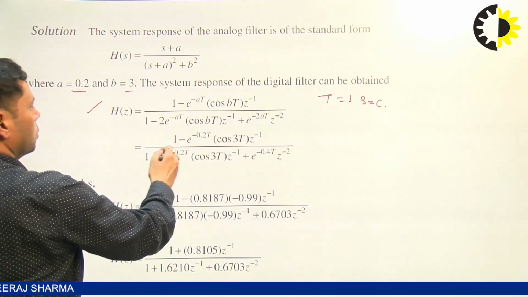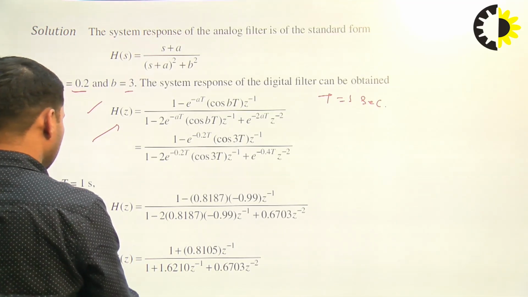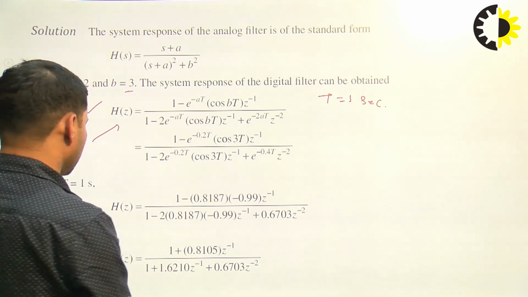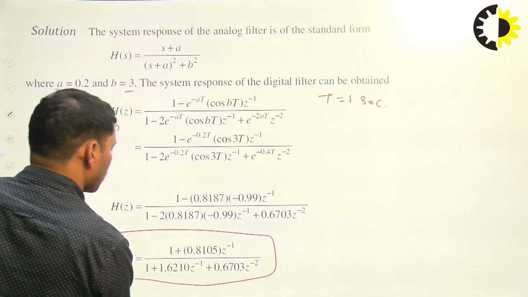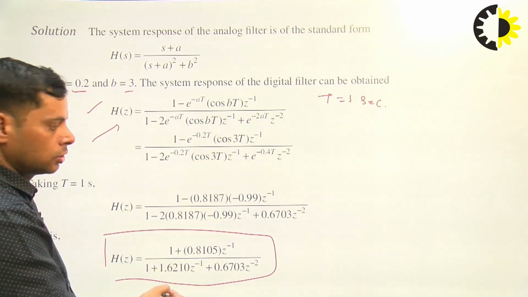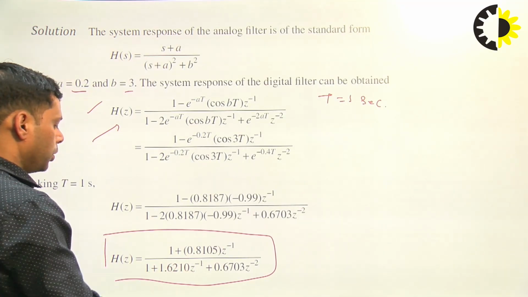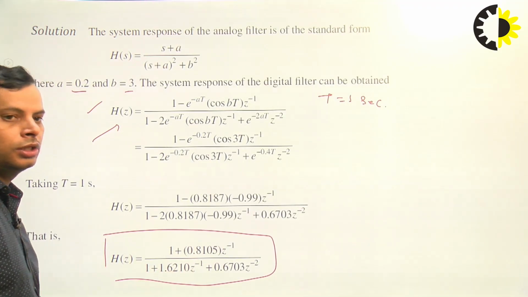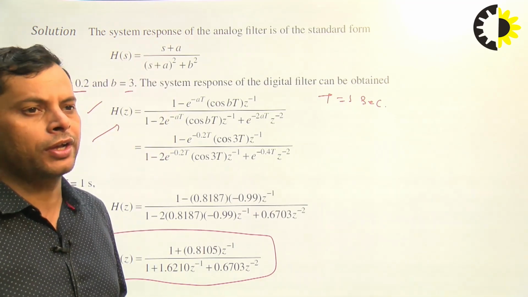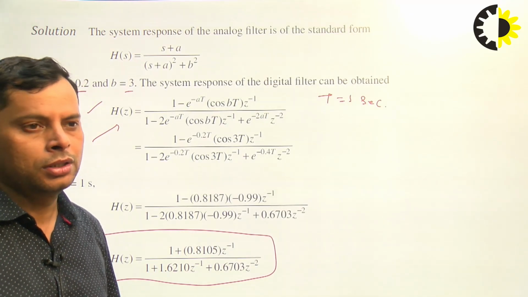Now put all the values into this transfer function and simplify it, and the final result, that is the response of the digital filter of the IIR system, is H of z, which after simplifying the values of e raised to minus 0.2 and cos 3 comes to 1 plus 0.8105 z inverse plus 0.6703 z raised to power minus 2. So in this way we can design any IIR filter with the help of the impulse invariant transformation formulas.